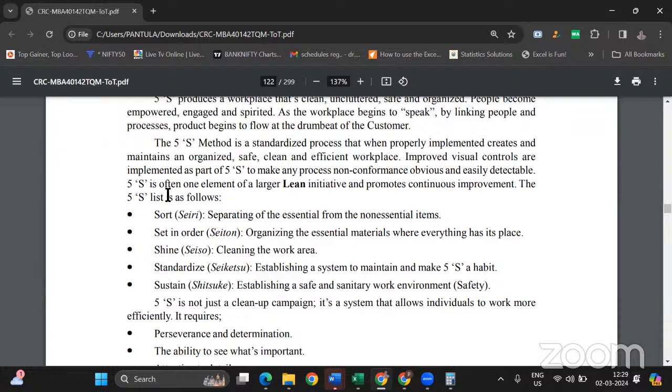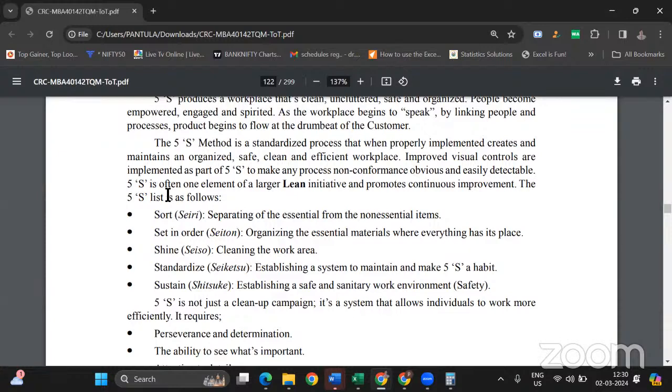Shine: clean the work area. Standardize: establish a system to maintain the 5S habit. Sustain is nothing but establishing a safe and sustained work environment. So here: sort, set in order, shine, standardize, and sustain.